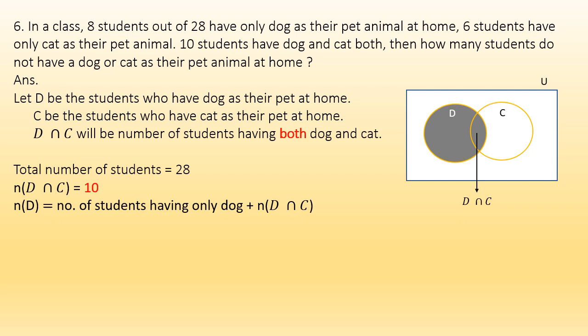Number of students having only dog, we can read from the question: 8 students have only dog, and the intersection part we have already written above, 10 students have dog and cat both. So the total comes to 18. 10 plus 8 is 18.